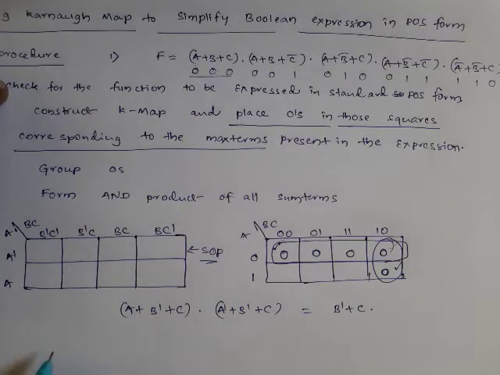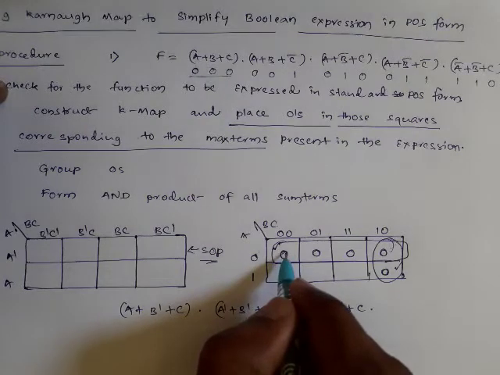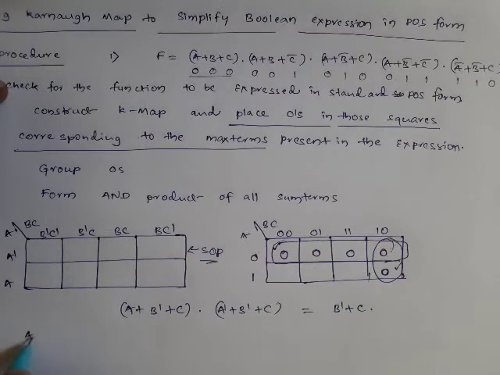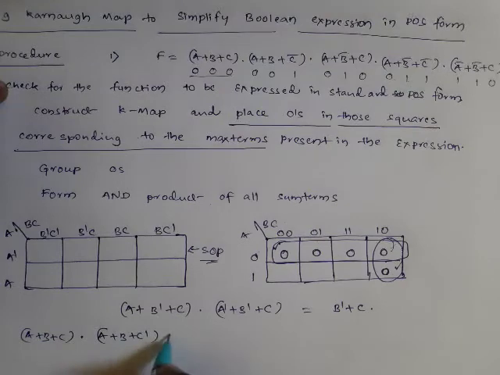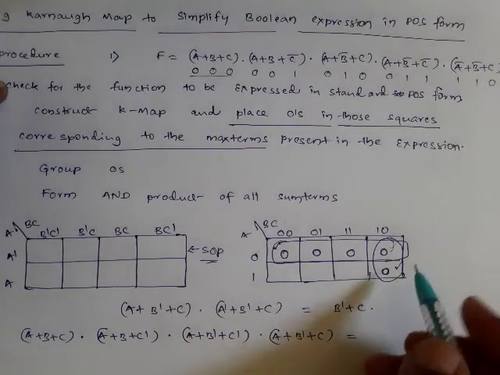Zeros here, and you can see the max term, sum term corresponding to these zeros is A plus B plus C, and this one is A plus B plus C bar, and this is A plus B bar plus C bar, and this is A plus B bar plus C. It results in the sum term.